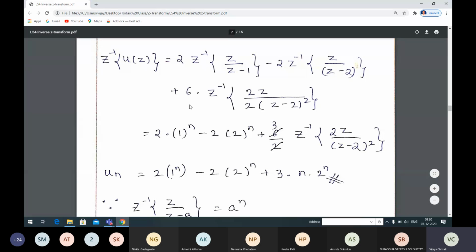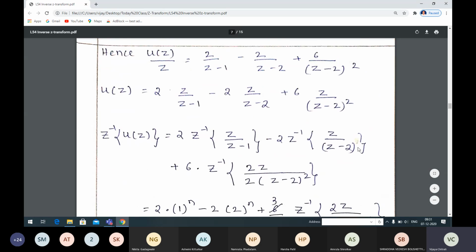Take this 2 outside, because I need only 2z. So 6 divided by 2 is 3, times inverse z of 2z divided by z minus 2 raised to 2. This is nothing but n into a raised to n, in place of a, 2 raised to n. So this will be the required answer.